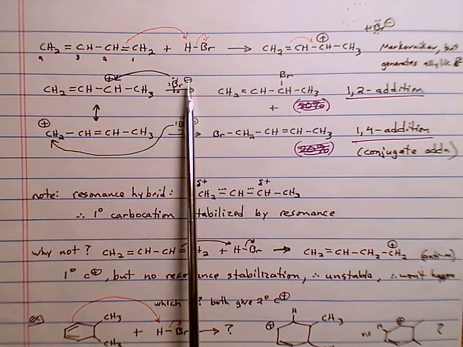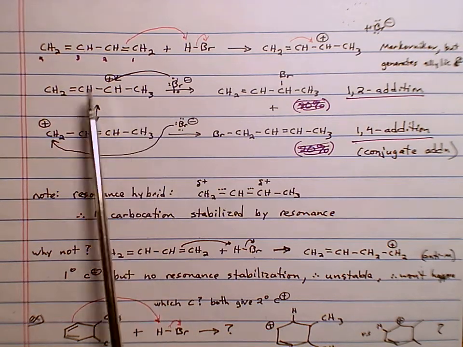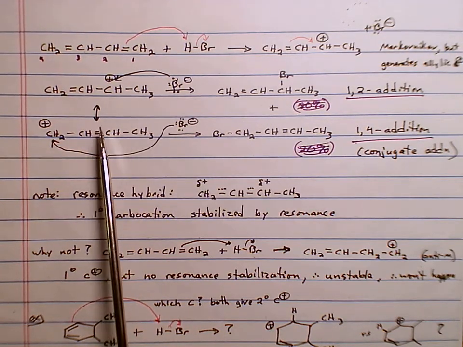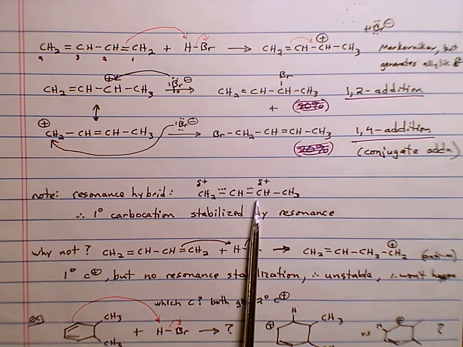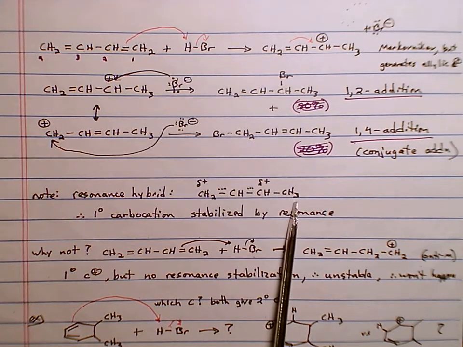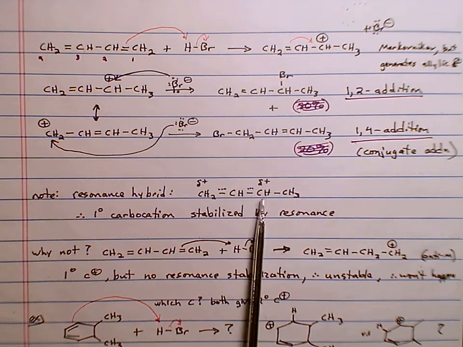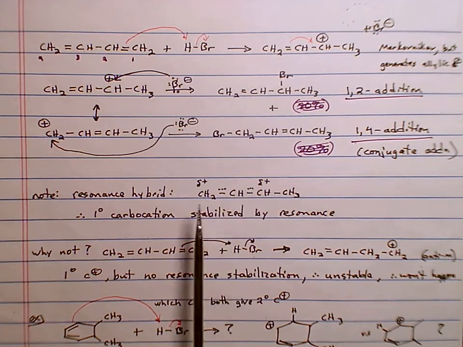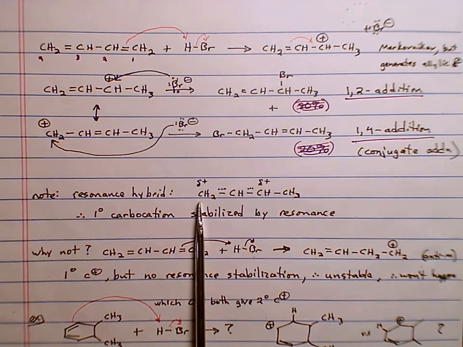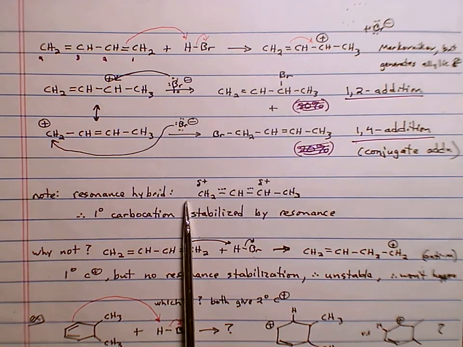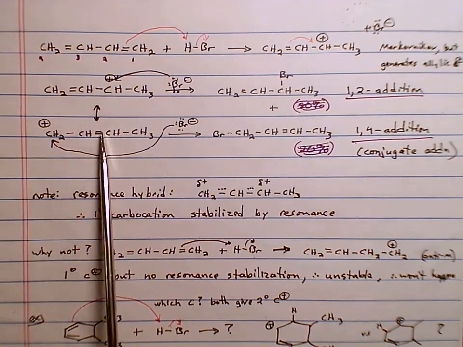So when this Br minus here is looking at this, even though we draw resonance forms, it's seeing a positive charge on this second carbon. Note this carbon over here got the hydrogen. This is carbon 1. It's seeing partial positive charge on carbon 2. It's also seeing partial positive charge on carbon number 4. This is what the resonance hybrid looks like, or you can look at it as the combination of these two resonance forms.